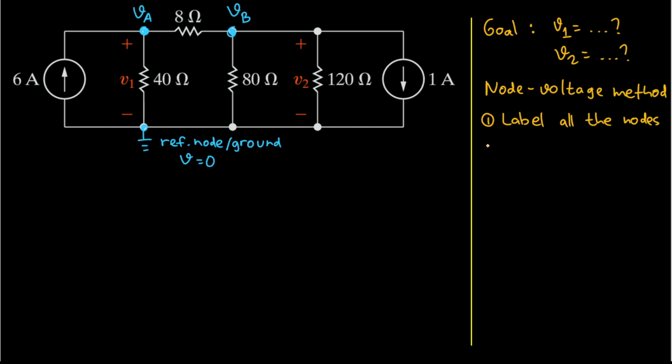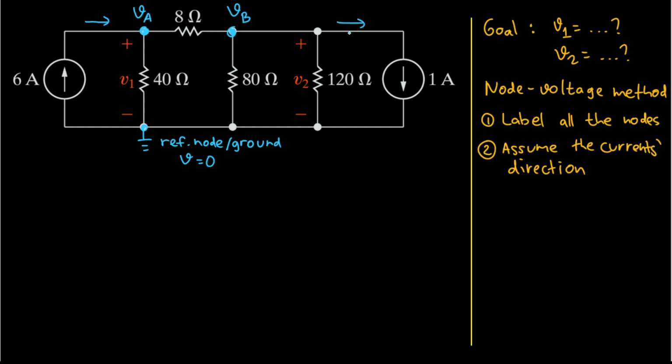And then the second step will be to assume the current directions. For the branch with the current source, I just follow the arrow here. So this will go up and eventually it will go to the right, right? So we will have it like this. And here, this is going down, or from here, it will go to the right like this.